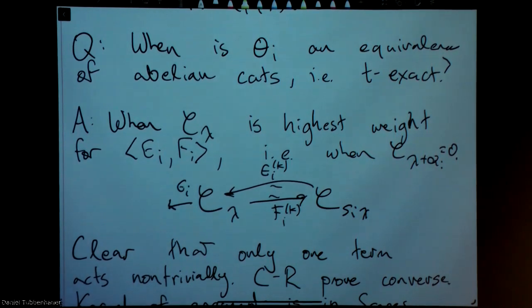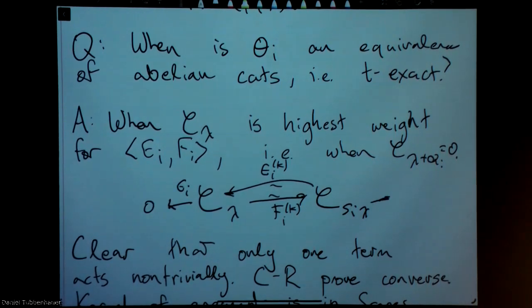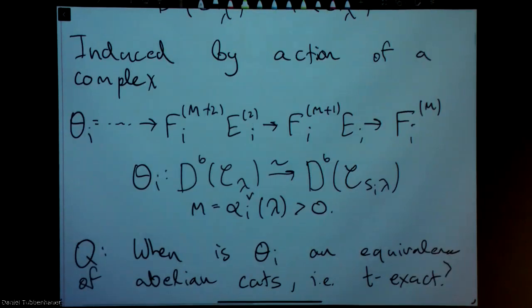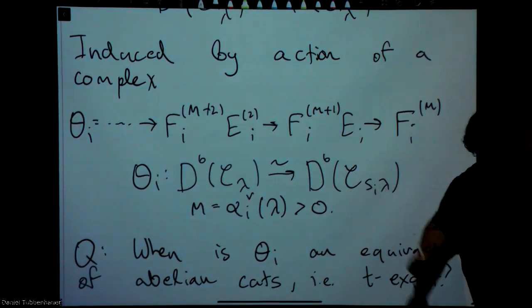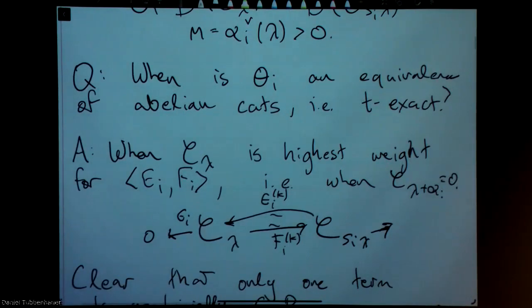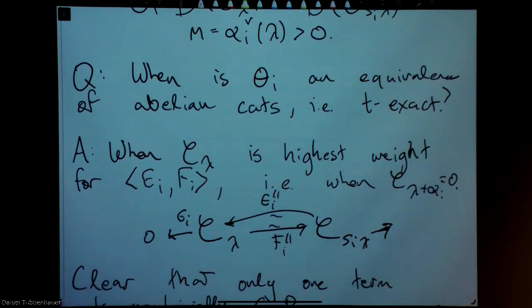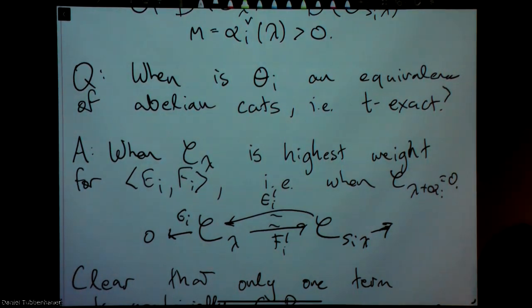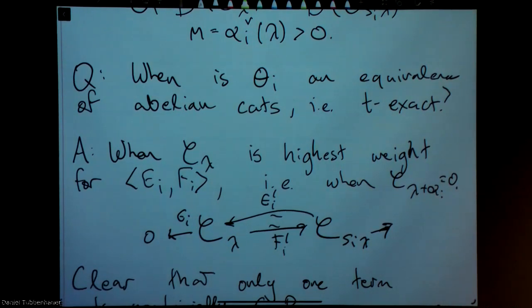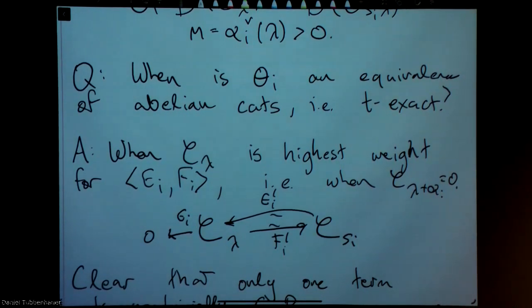And is this for all k, or what's k? Oh, did I switch? Sorry, it should have been m. So it's the number of times I have to act to get to the image under the reflection. The fact that I told you it's going to s_i lambda tells you what it has to be, because there's only one power of this that goes to the right weight space.